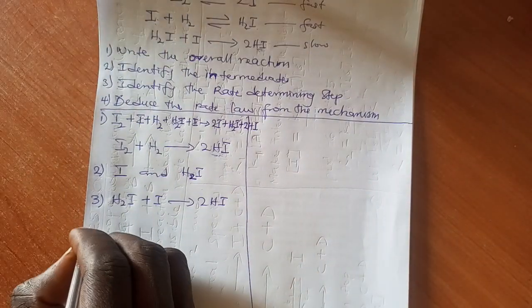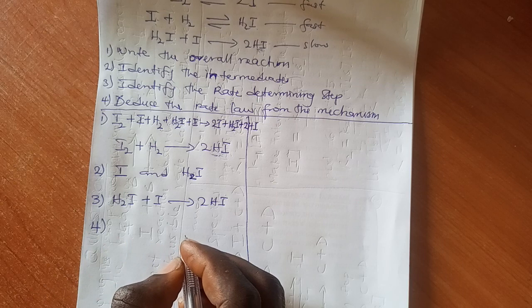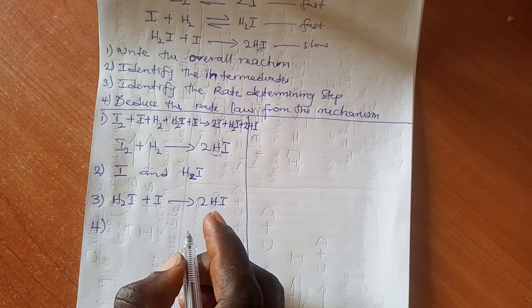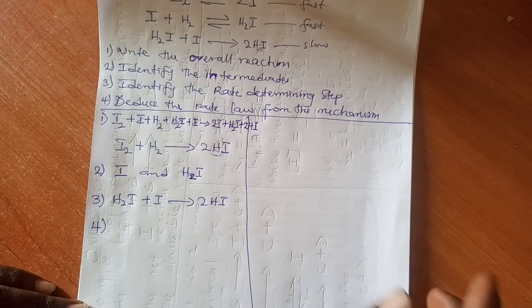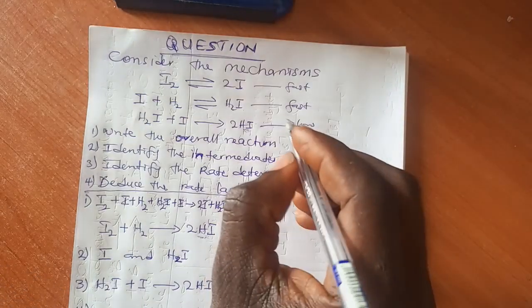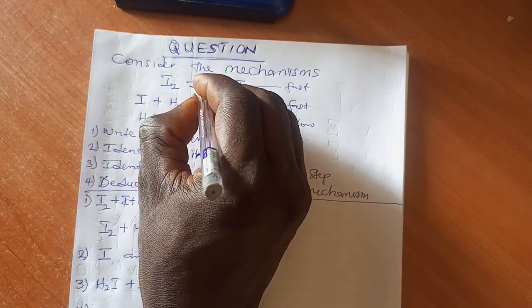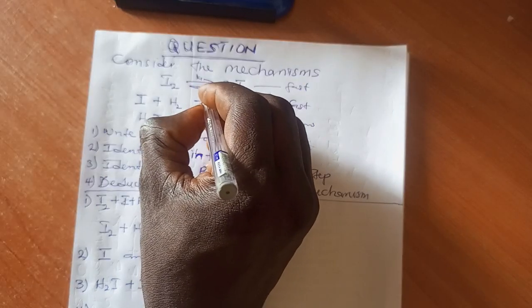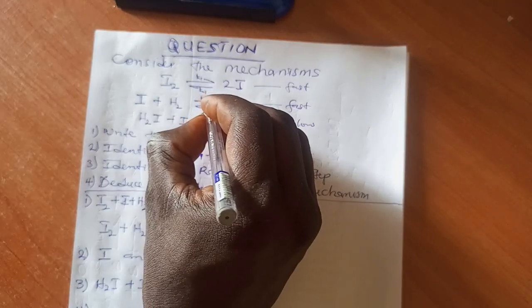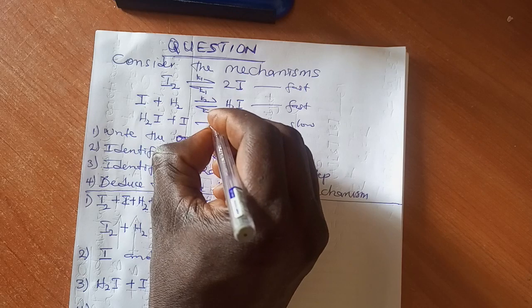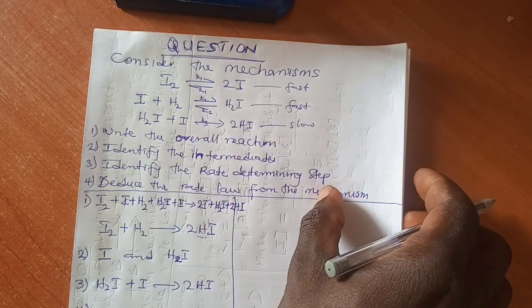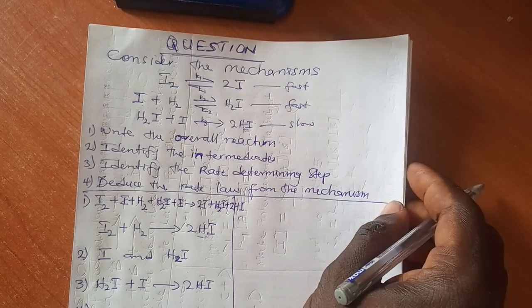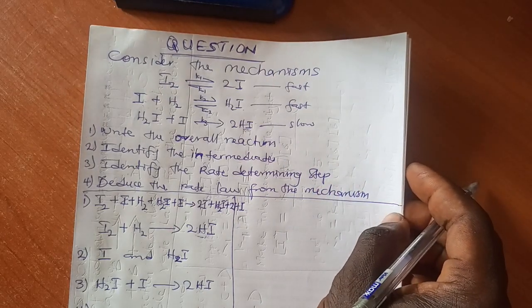Number 4, deduce the rate law from the mechanism. If we are taking it from the mechanism, look at me: this will be K1, this will be K subscript -1, this will be K2, this will be K subscript -2, this will be K3. Do you understand? So we are going to take each of them and write the rate law.